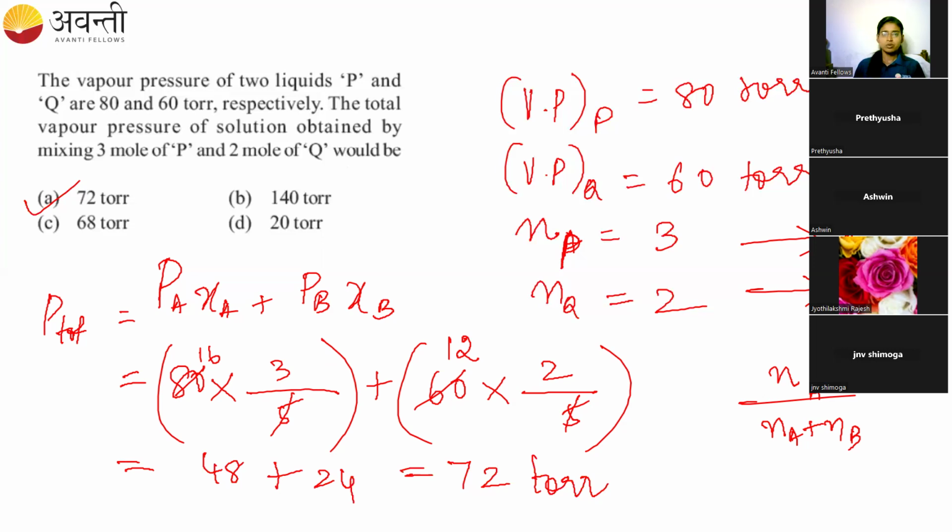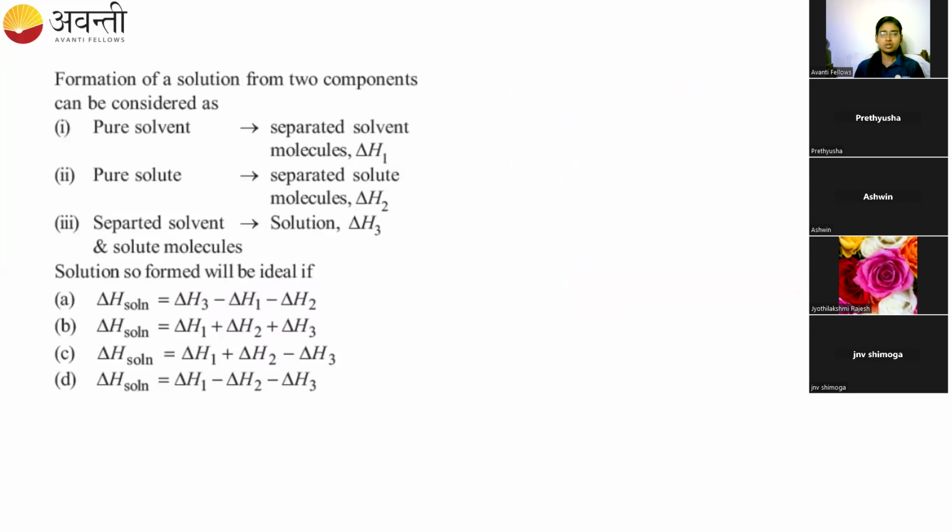Yes, students, we will move on to the next question, okay? Formation of a solution from two components can be considered as follows: for pure solvent, separated solvent molecule, it is delta H1, for pure solute it is delta H2, and for solvent and solute it is delta H3.